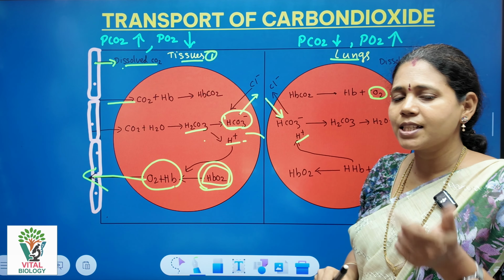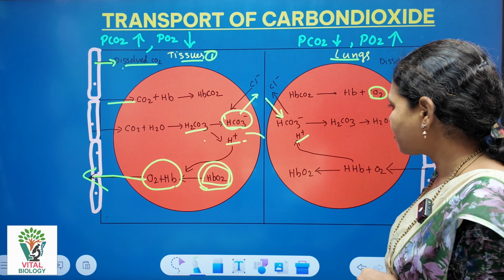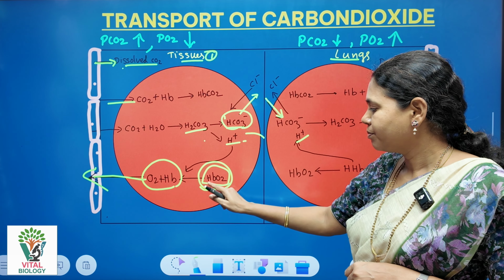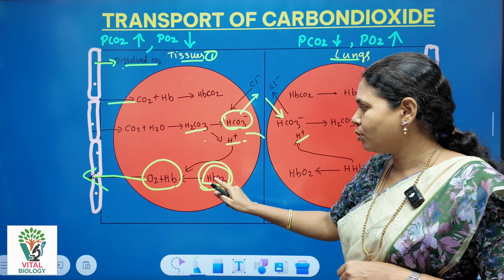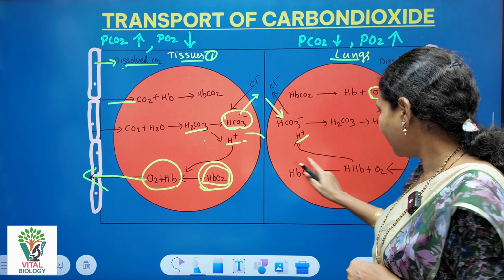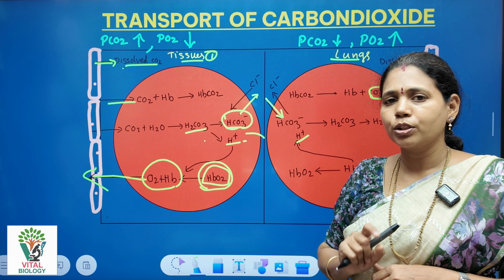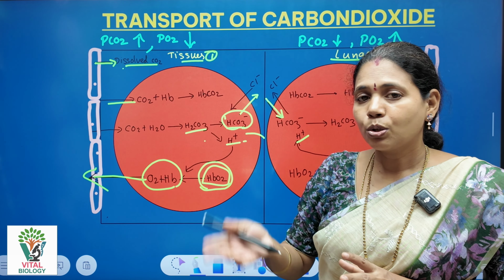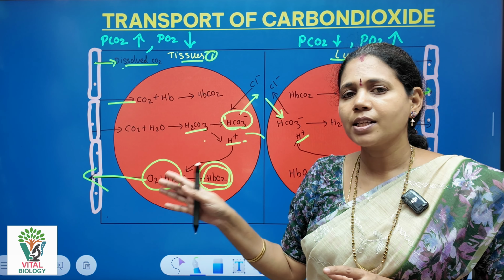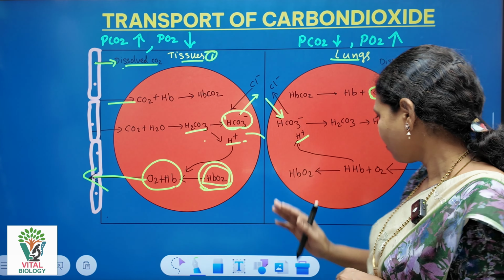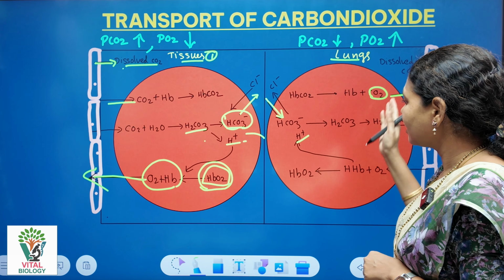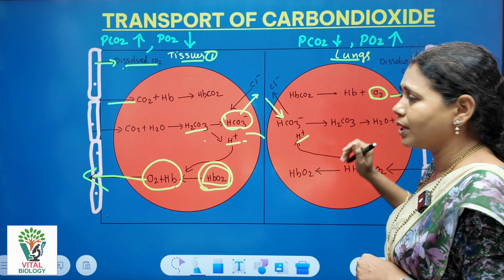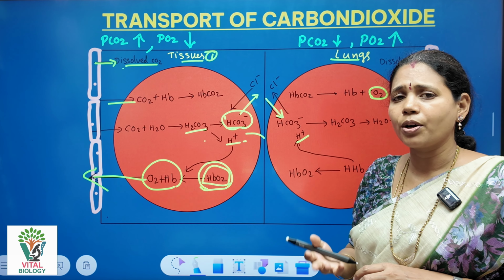So where did these hydrogen ions come from? As previously discussed, these hydrogen ions were bound to the hemoglobin, actually to histidine molecules, as hemoglobin contains a large amount of histidine. To that histidine this hydrogen will bind. But when the carbon dioxide reaches the lungs, the conditions get reversed.